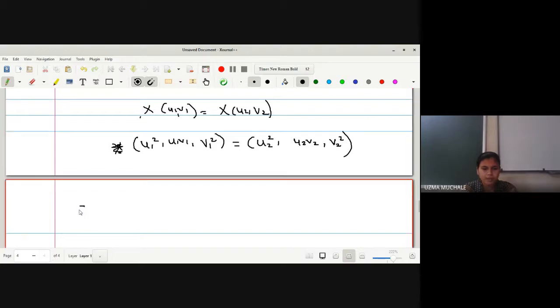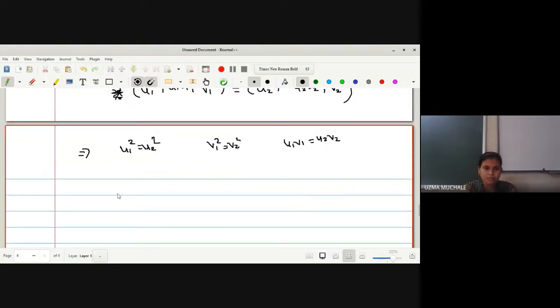Now by coordinate-wise equality, I can have u1 square is equal to u2 square, v1 square is equal to v2 square, and u1 v1 is equal to u2 v2. Now by taking a square root, I can have u1 is equal to plus or minus u2, as well as v1 is equal to plus or minus v2.